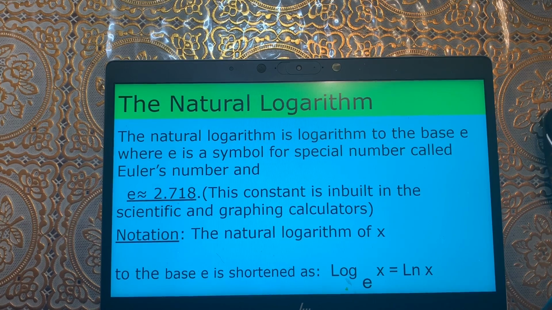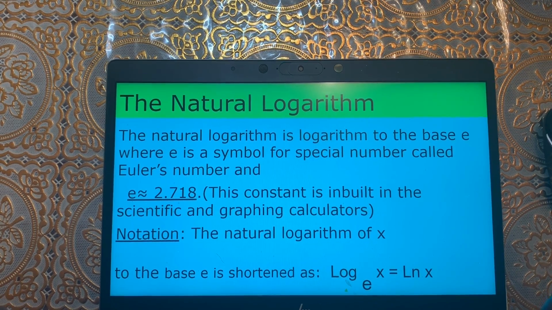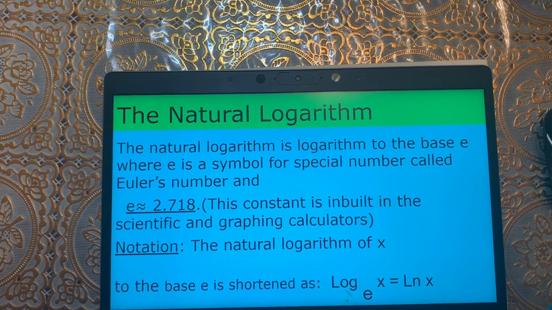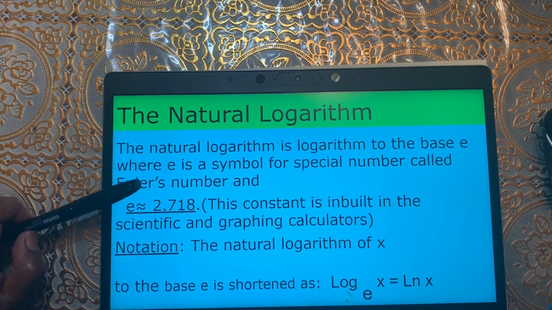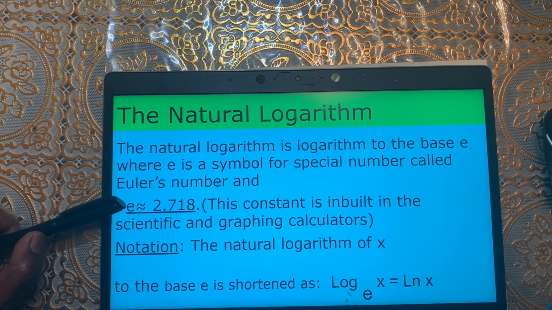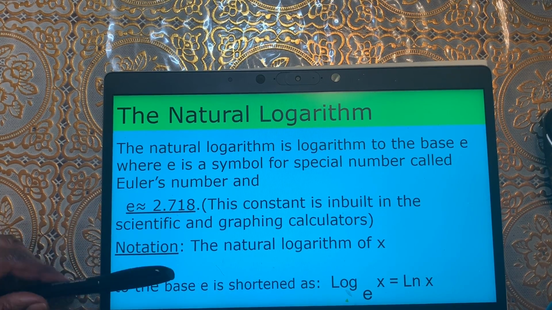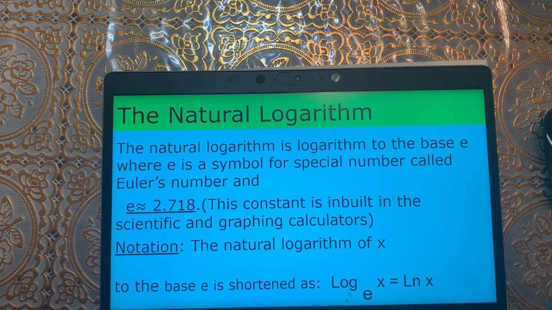There is another important formula we call the natural logarithm. You remember, common logarithm is when the base is 10. Natural logarithm is logarithm to the base e, where e is a symbol for a special number called Euler's number. This is a special number like pi, 3.14, in geometry. This constant value, 2.718, stands for a special number we use for continuous growth.